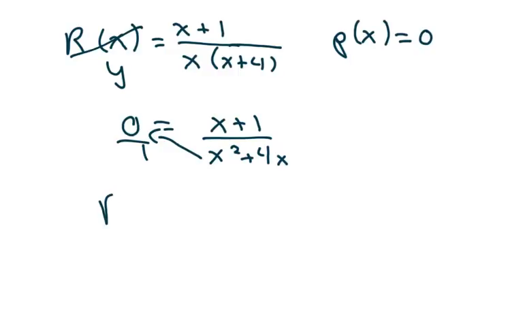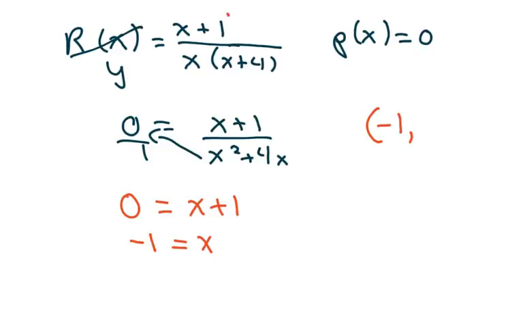When you set 0 equals x plus 1, we get x equals negative 1. When you plug it back into your original equation, you get 0 in the numerator, and 0 over anything is just 0. So that's your x-intercept, or your root.